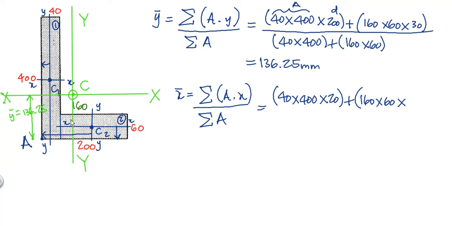Wrong. The distance is 160 over 2 plus 40. So it is 80 plus 40, so it's 120. Did that sink in? Let it sink in. It's not 80. It's not half of that. It's 80 plus 40. Right, over the area, which we know already.